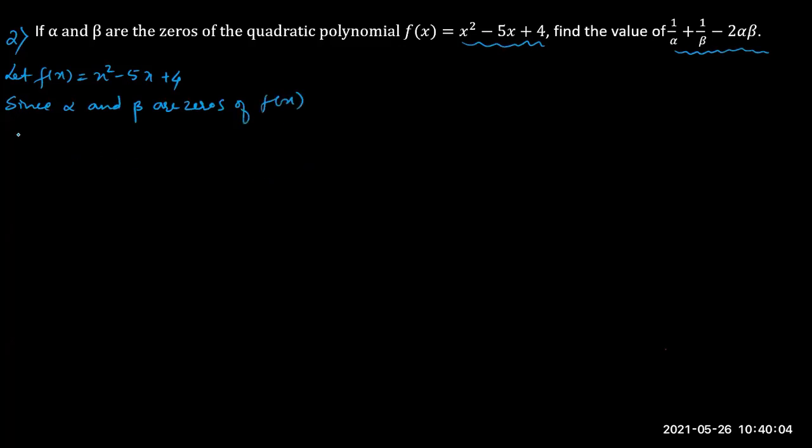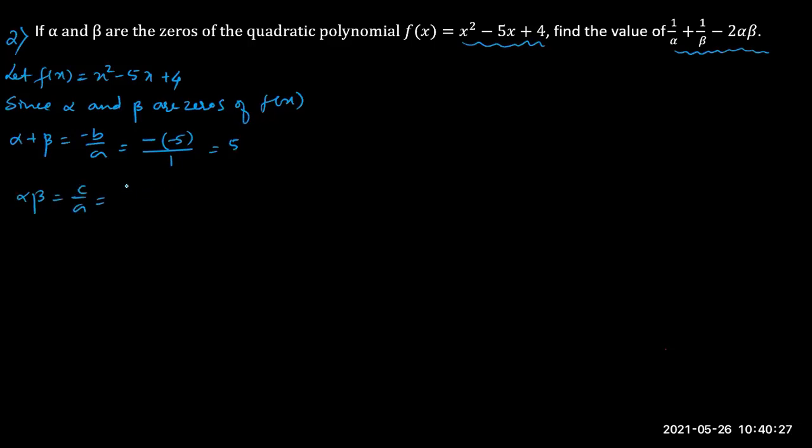then you can write alpha plus beta is equal to minus b by a. Minus b means what? In the given example, b is minus 5, so minus b is 5 and a is 1, so that is 5. And alpha into beta is c by a.